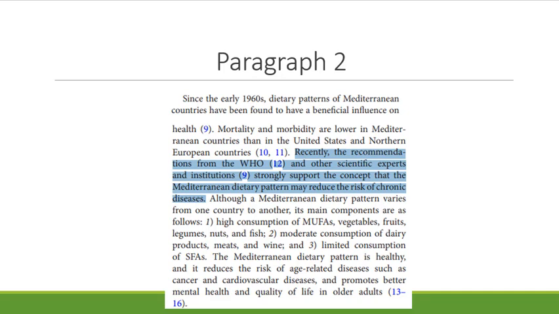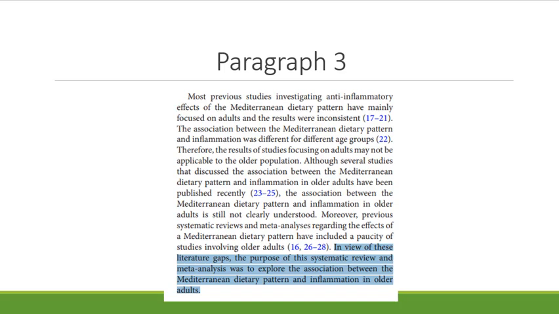Continuing on, making discussions around the Mediterranean diet and how it may help to reduce the risk of chronic diseases. And so it gives some explanations as to why. Paragraph 3, discussing that there are literature gaps. And so that's the purpose of the systematic review, to explore the association between the Mediterranean dietary pattern and inflammation in older adults.